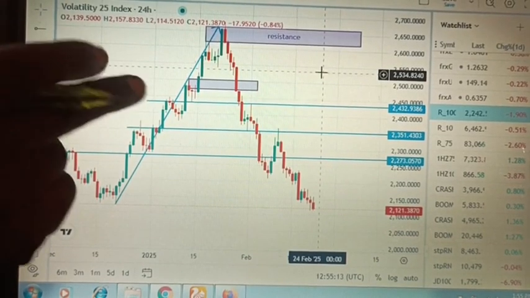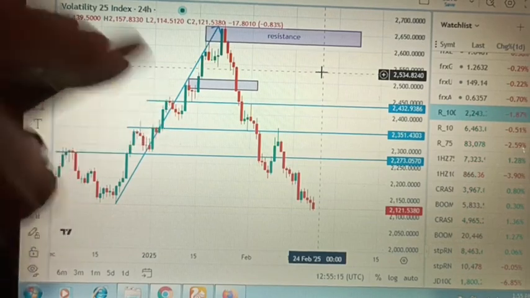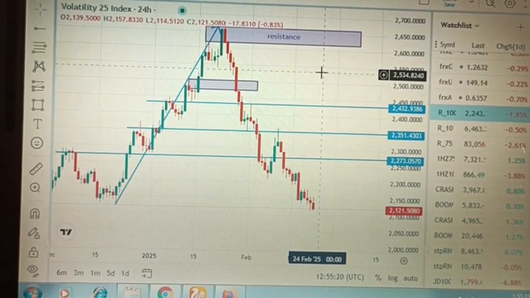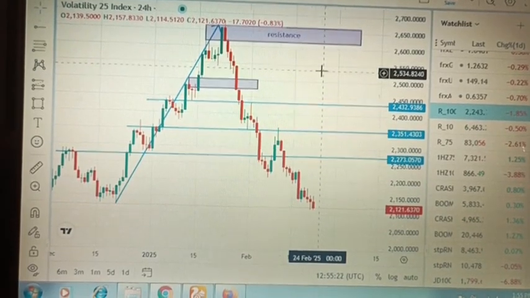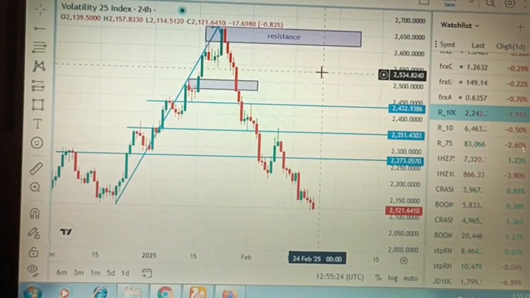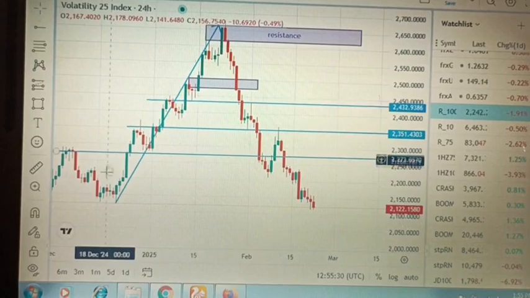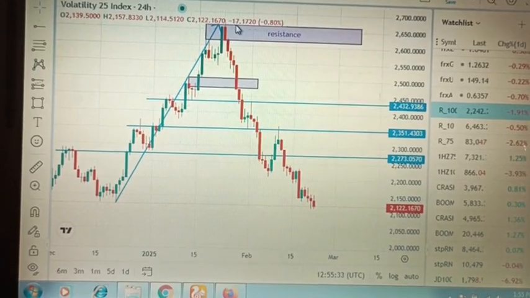Even though it stopped and reversed, it continues. That's because although resistance can be broken, there are stronger resistances that can actually change the general direction, because this was a general direction of price, an upward movement.